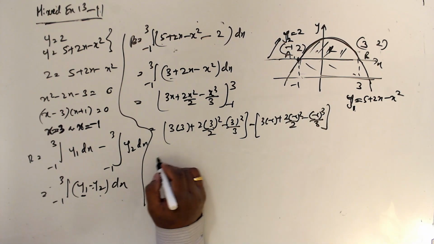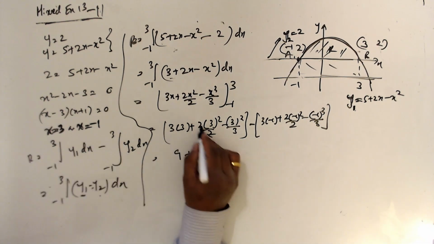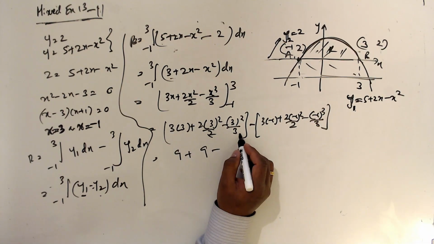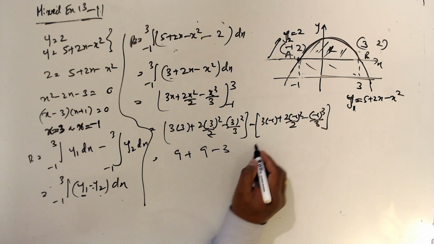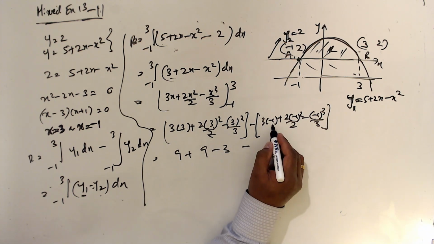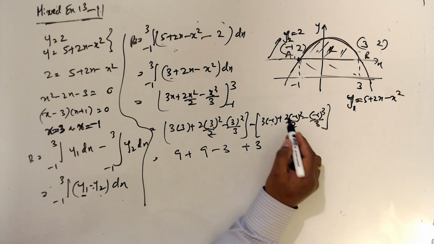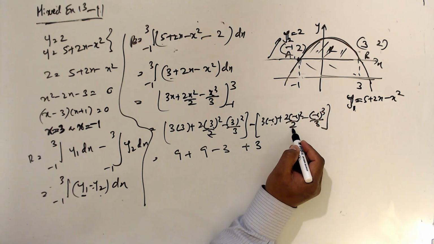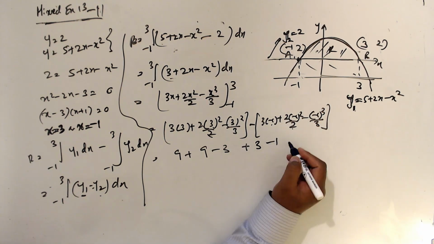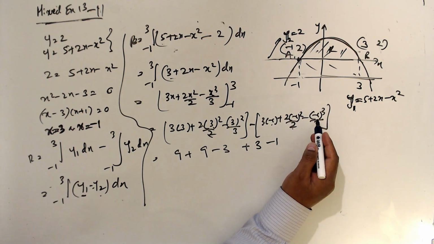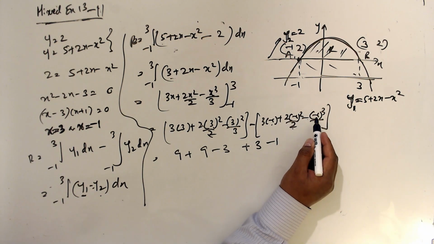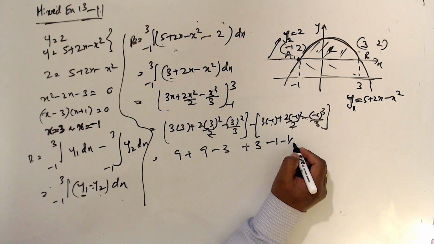So this is going to be 9 plus 9, the 2s cancel out. Then minus, this is 3 minus 3 becomes plus 3. This is 2 over 2, cancel out. 1 plus 1 becomes minus 1. Then this becomes minus plus minus 1 third.